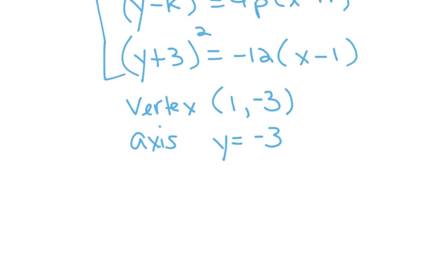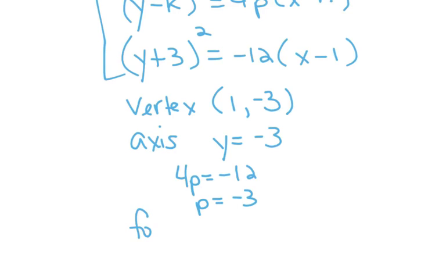Let's see, what should we find next? I guess that in order to find the focus and the directrix, we need to find p. So next, 4p is equal to negative 12, so p is equal to negative 3.